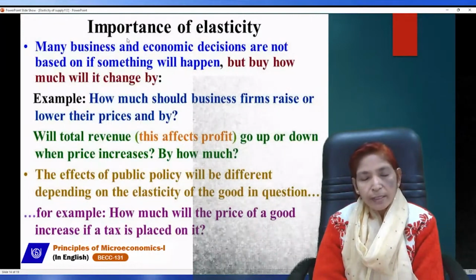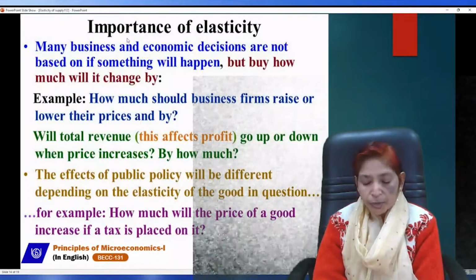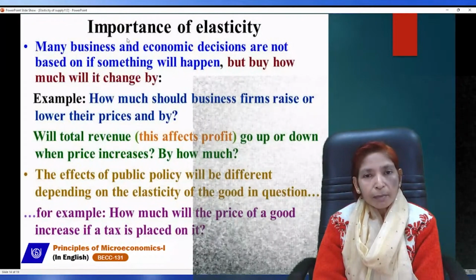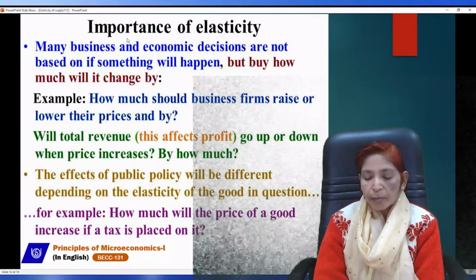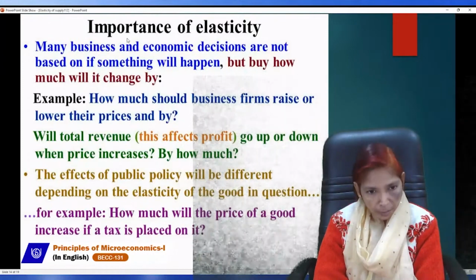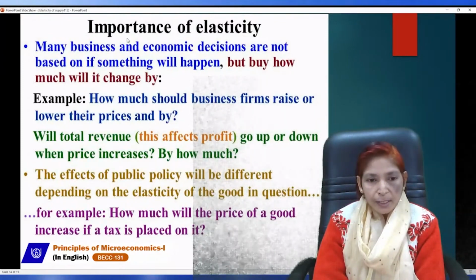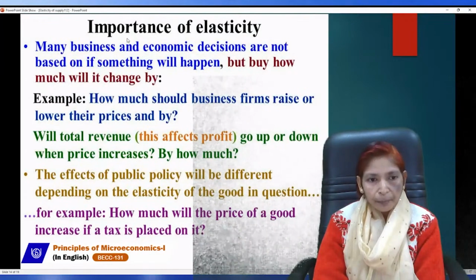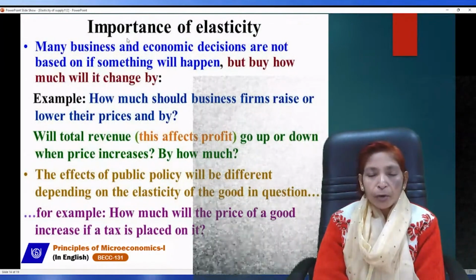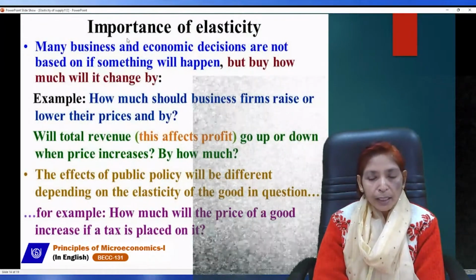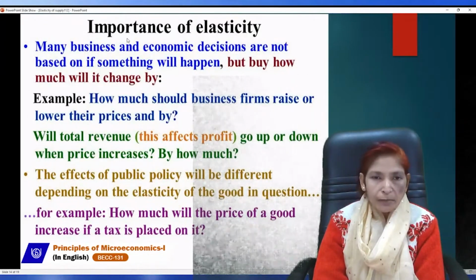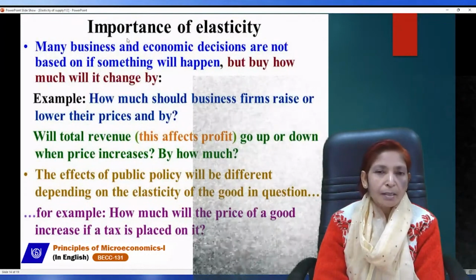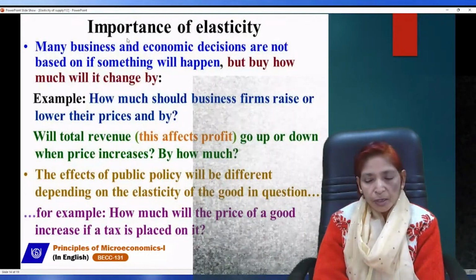As you know, supply shows a positive relationship between price and quantity supplied, and demand shows a negative relationship between price and quantity demanded. So in public policy, taxation policy, or petroleum countries like OPEC countries, the Organization of Petroleum Exporting Countries, always fix the price after seeing the elasticity of demand.